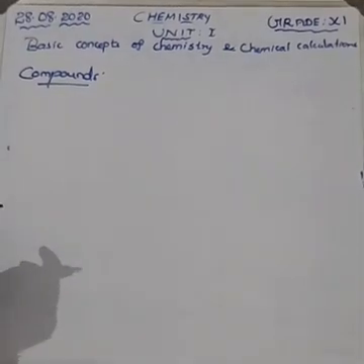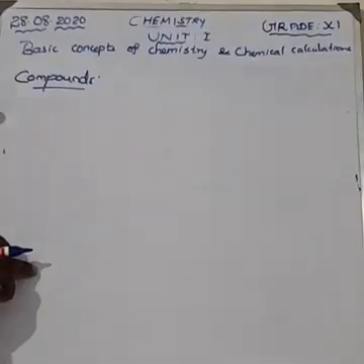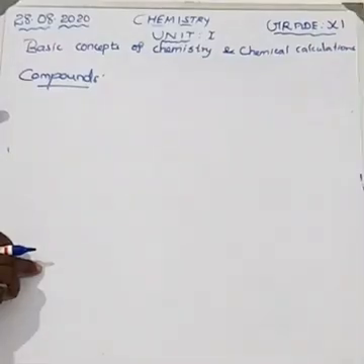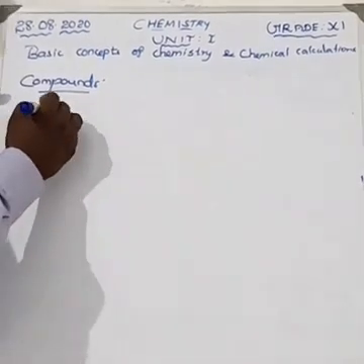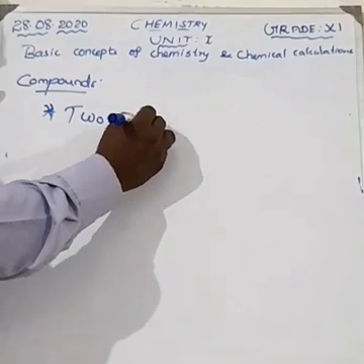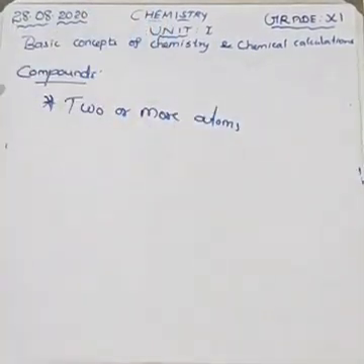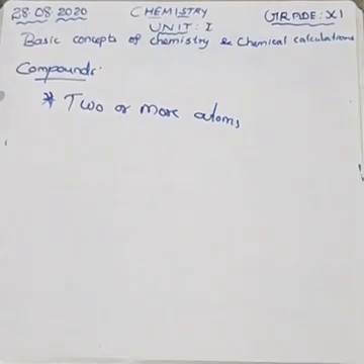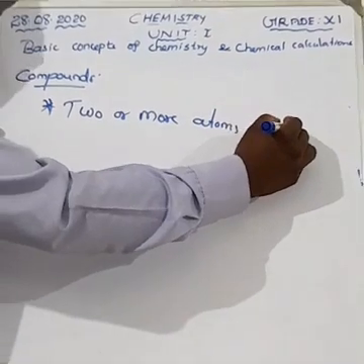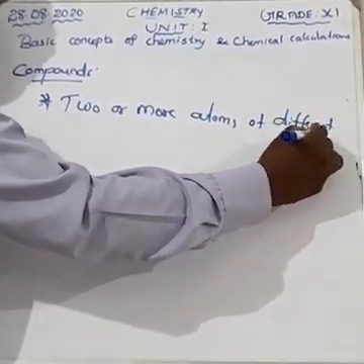Two or more elements combine to form a compound. It is made up of molecules which contain two or more atoms of different elements.